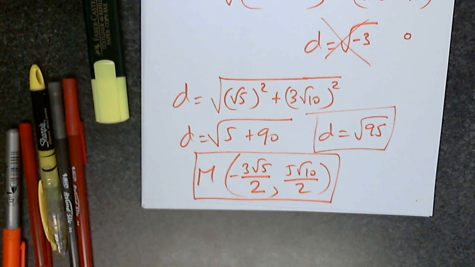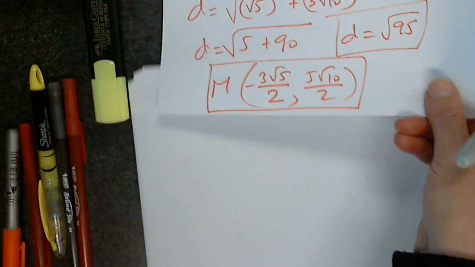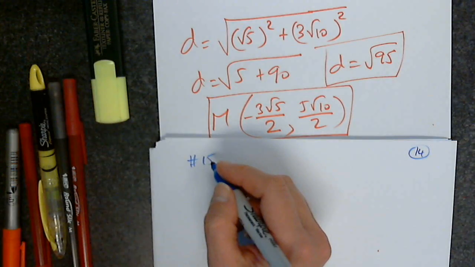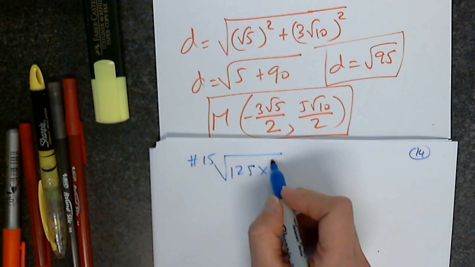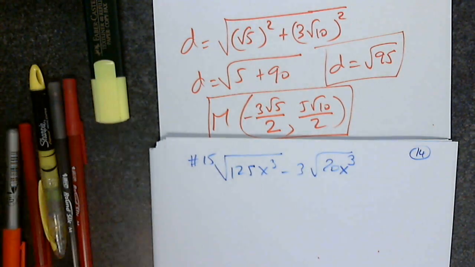Okay. Let's go back to 15 on the same page. The square root of 125 x to the third minus 3 the square root of 20x cubed.